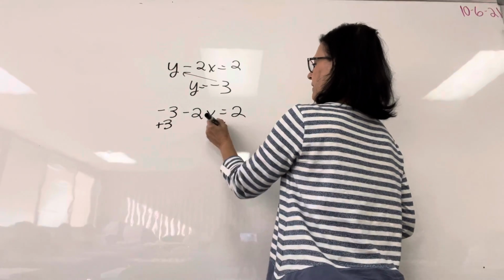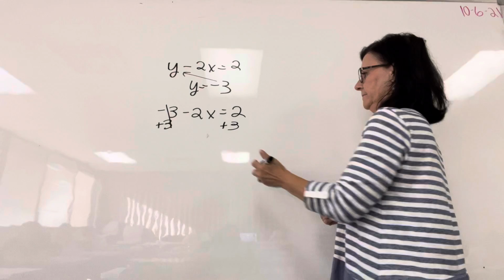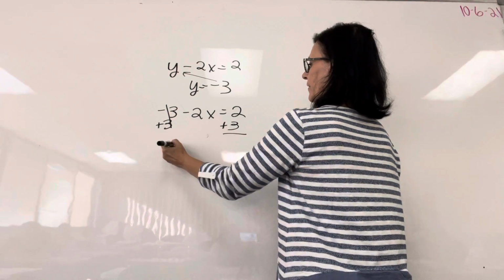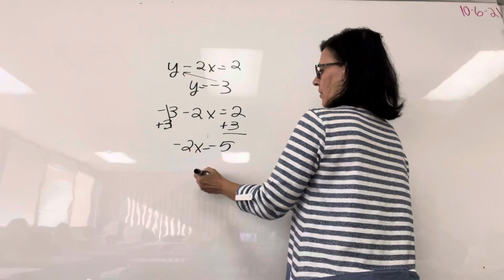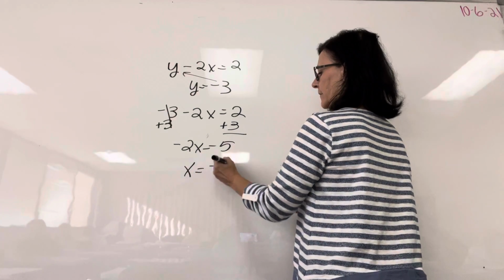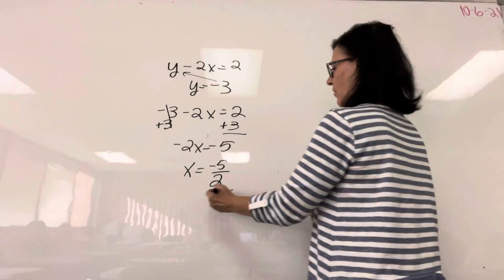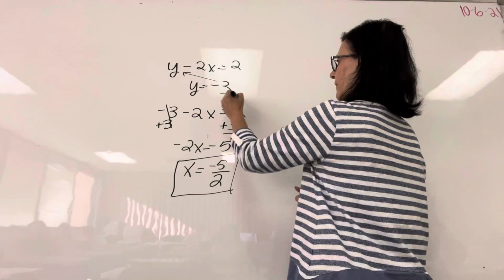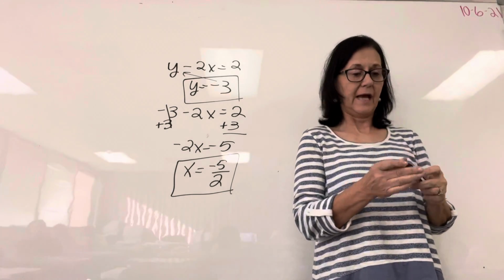Add the 3 on both sides. To eliminate that 3 on the left, I'm left with negative 2x equals 5. When you divide both sides by negative 2, x is negative 5 halves. We already have y. That is the place where those lines intersect one another.